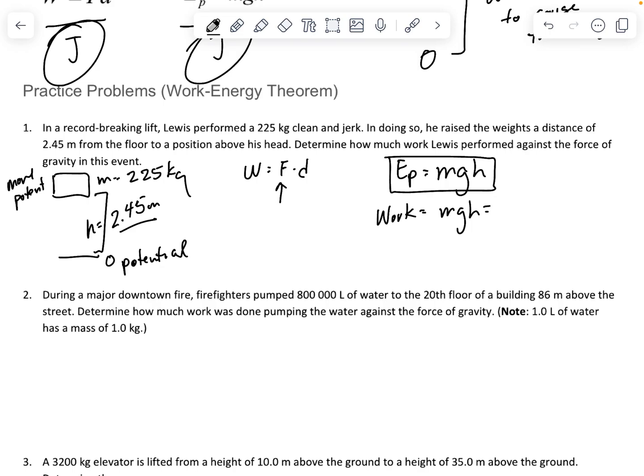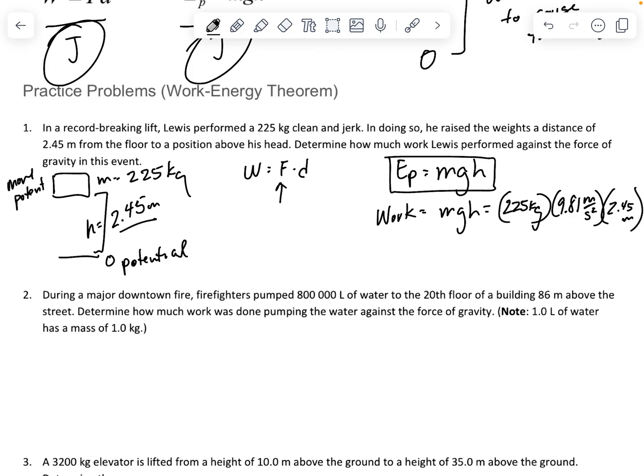So in this case, the mass is 225 kilograms. He lifted it against the 9.81 meters per second squared. And the height that he lifted it was 2.45 meters.